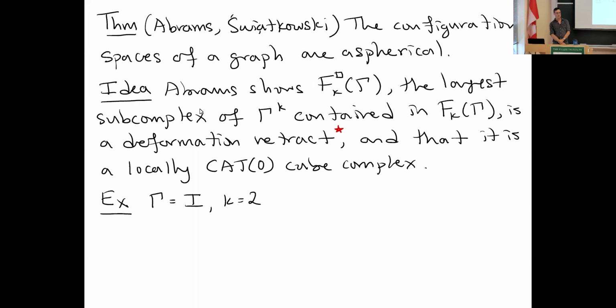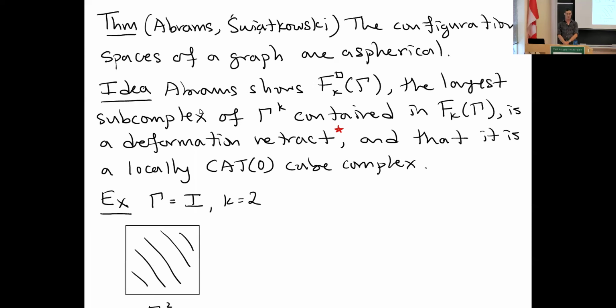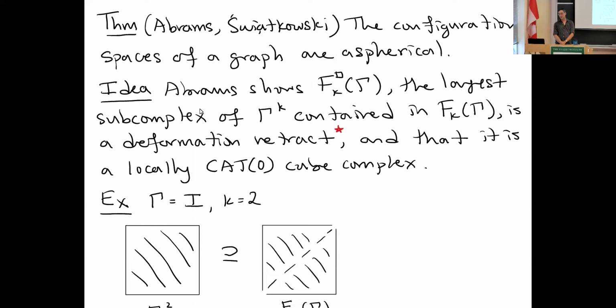So let's look at the easiest graph that there is, which is the interval, and two particles on the interval. So there's Gamma squared. And the configuration space is what I get by taking out the diagonal, right? Now, what is the largest subcomplex of Gamma squared contained in the result of removing the diagonal? It's just those two vertices, right?